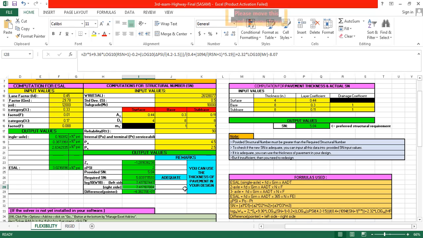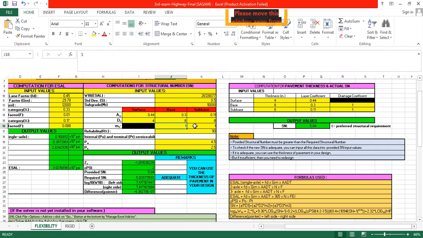Then for the left side, just this one. And for the required SN, we need to check if it's really adequate. So we need to input again the values, which is just the same here from A1, A2, A3, D1, D2, D3, and M2 and M3.